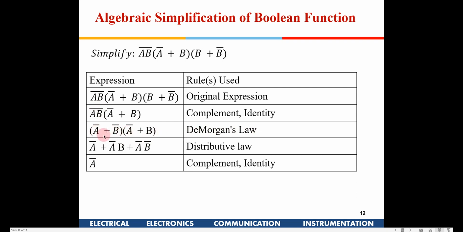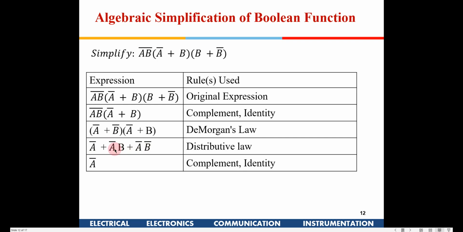Right? Now I can open the brackets and multiply. A bar gives me A bar. A bar B is going to be A bar B. B bar A bar is going to be A bar and B bar, and B bar and B is going to give me 0. I open the brackets and I just get 3 terms out here.